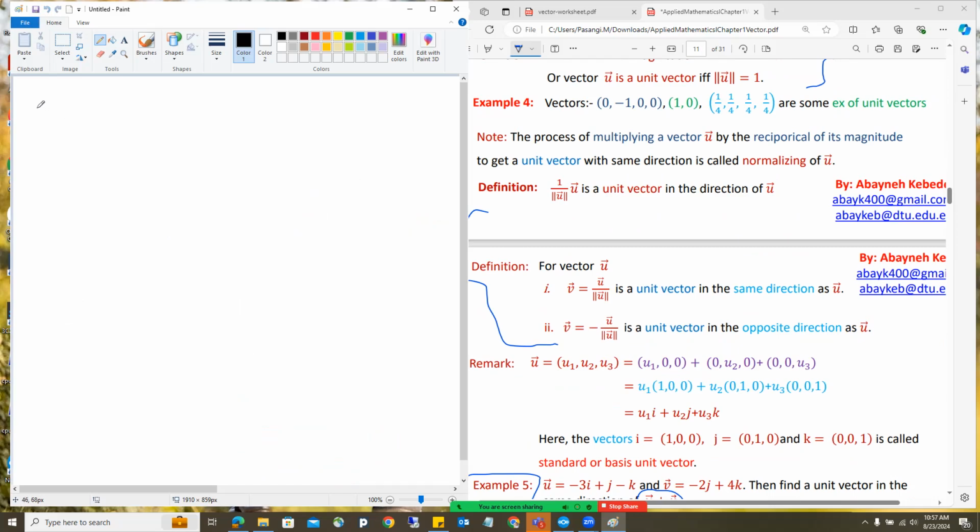So let's assume we have the vector u as 0, minus 1, 0, 0, using the i, j components. If we take the magnitude of this vector u, how do we normally do it?